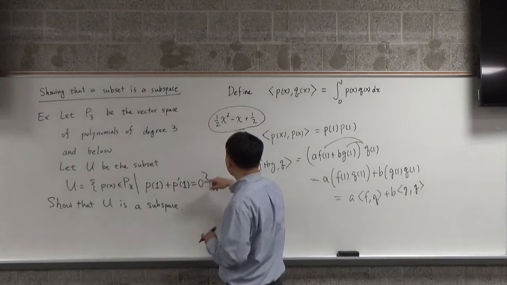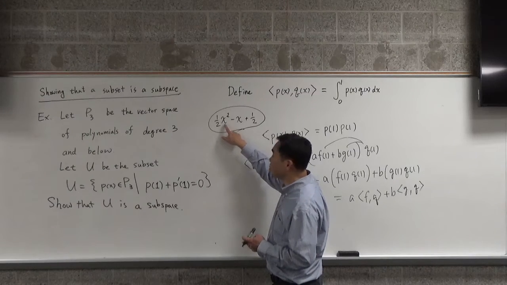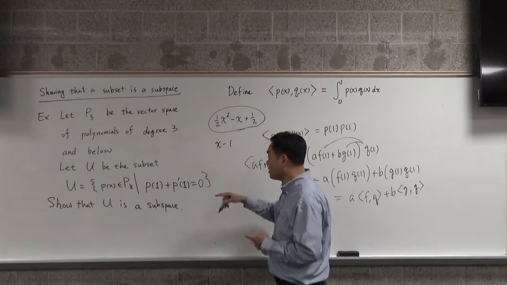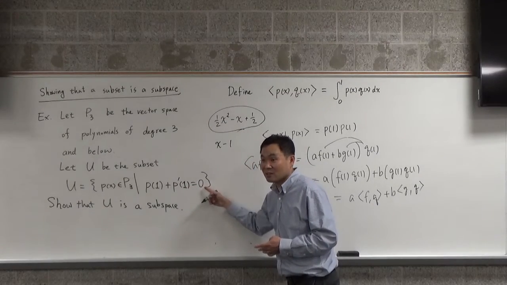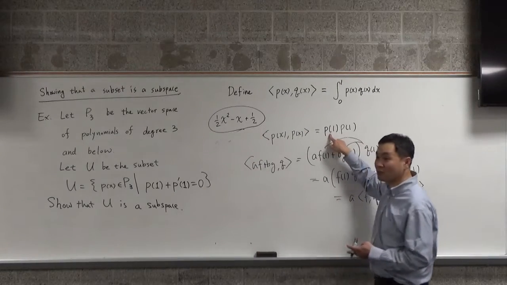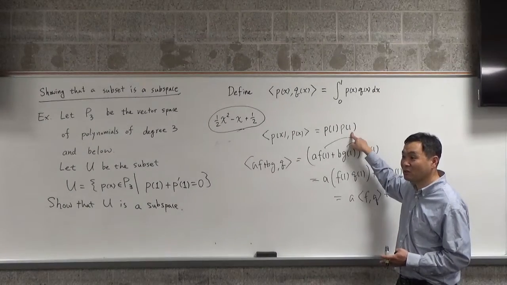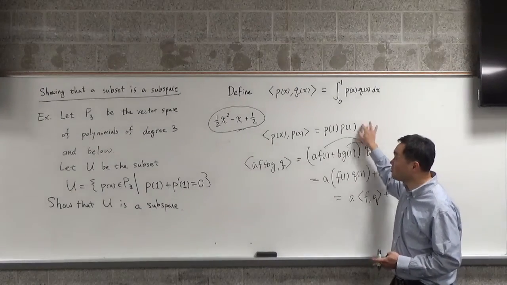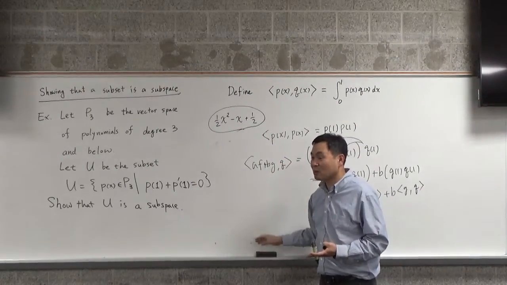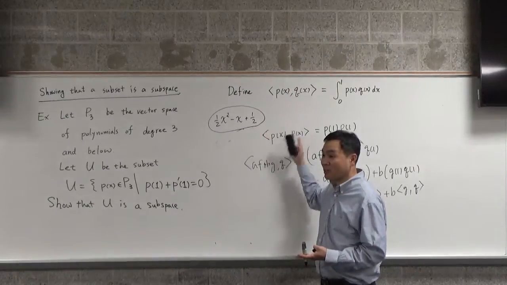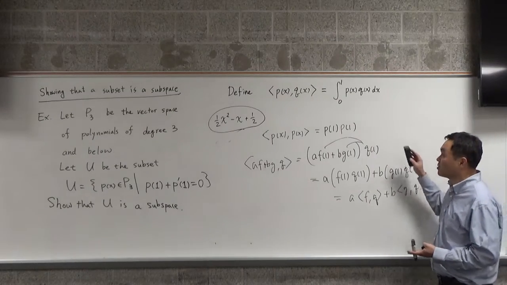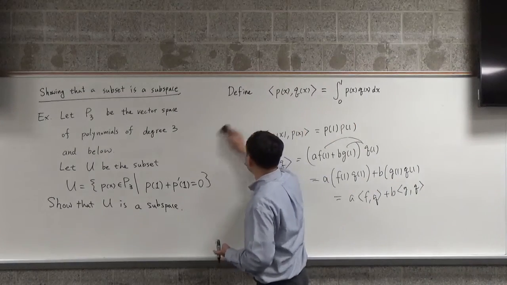But if you plug in p prime of 1, you also get 0. If you differentiate this as x minus 1, it still satisfies this. But then, for this polynomial, if you plug it into here, what happens? p1 is 0, p1 is 0, so you get 0, even though the original polynomial is non-zero. So it will violate the requirement that your inner product has to be positive definite. Does that make sense? Right. So this wouldn't be an inner product.